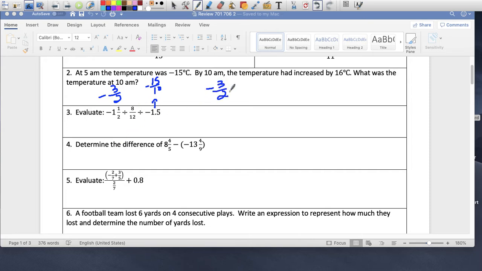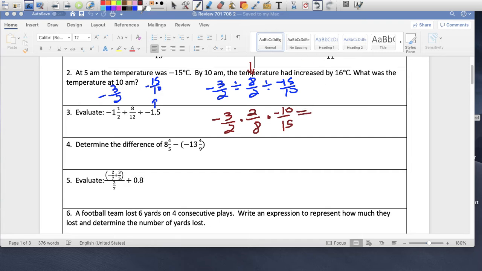Negative 3 over 2 divided by 8 over 2, and then divided by negative 15 over 10. So I rewrote it. So I'm going to change the division to multiplication. It's negative 3 over 2 times this one. Reciprocal is 2 over 8. And I'm going to change that to multiplication again. Reciprocal is going to be 10 over 15, middle negative.